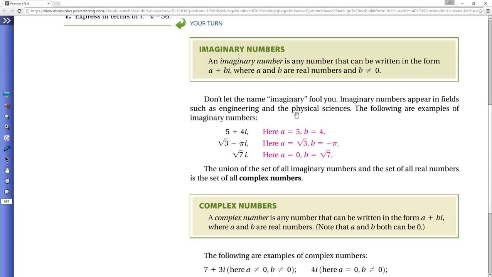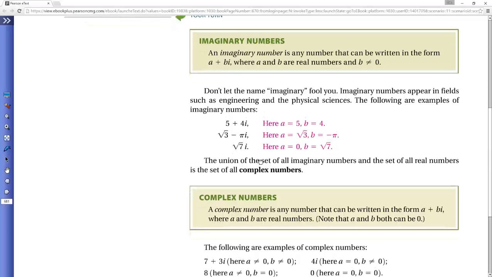It says don't let the name imaginary fool you. Imaginary numbers appear in fields such as engineering and physics, or the physical sciences. The following examples are imaginary numbers. 5 plus 4i. So here a is 5 and b is 4. See how it fits that definition of an imaginary number.